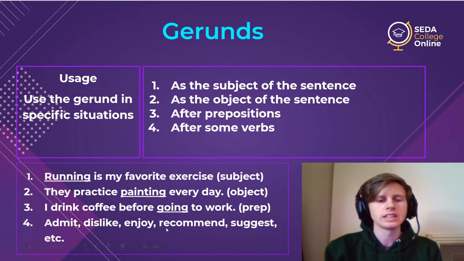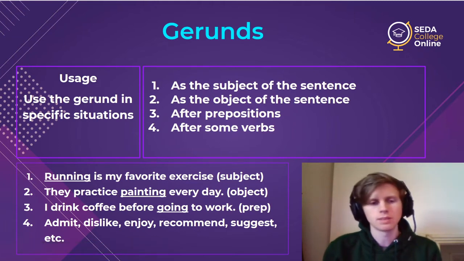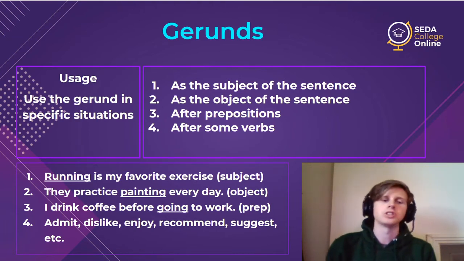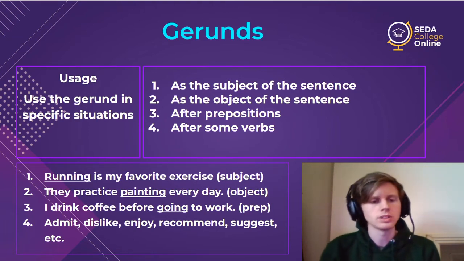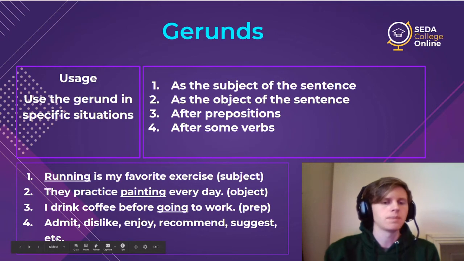And then finally, here is just an example of some verbs that prefer gerunds. So you admit doing something, you dislike doing, you enjoy doing, you recommend doing, you suggest doing, etc. It's always going to be those verbs. And like I said, there are many, many, many.